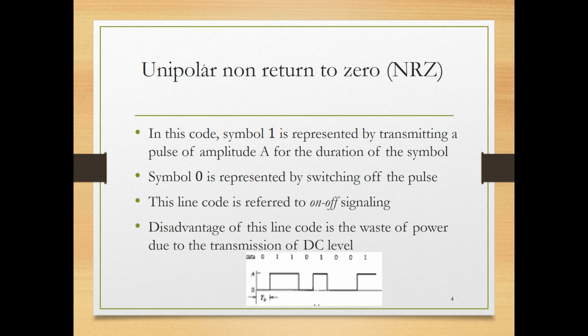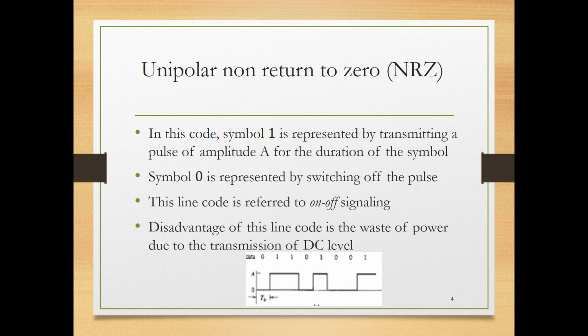In unipolar non-return to zero, unipolar, as the name implies, means only in one direction, either above zero or below zero. You don't have two signs for the signal, plus and minus. As you can see, the signal here is all positive. This means it's unipolar.